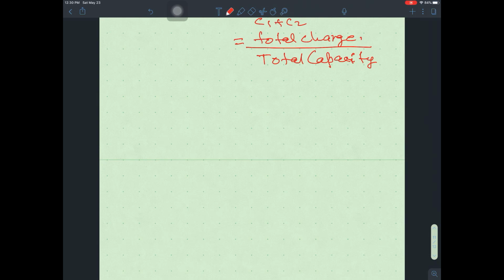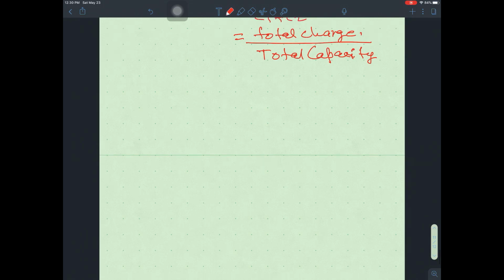In this process of redistribution of charge, some energy is lost in the form of heat, light and sound, as I told you earlier. So now we will try to calculate the energy loss.